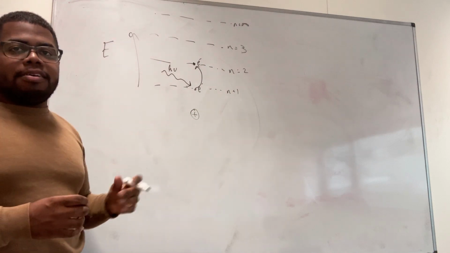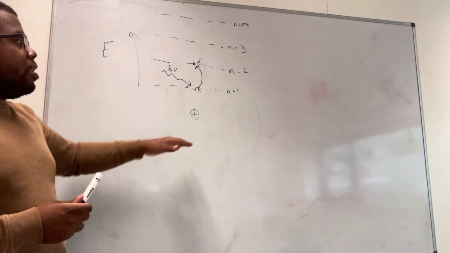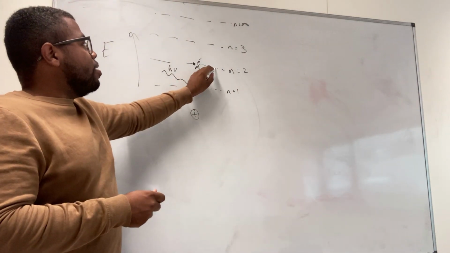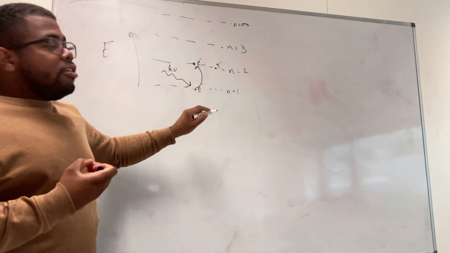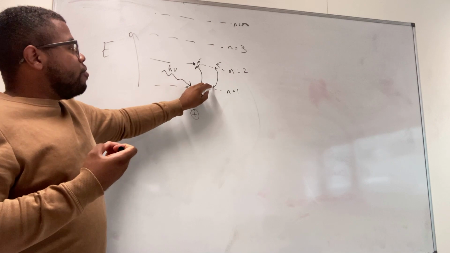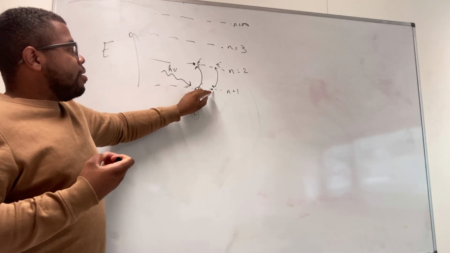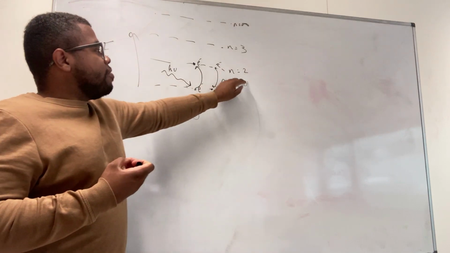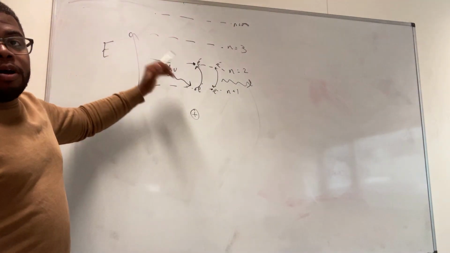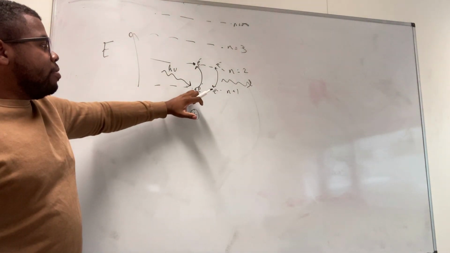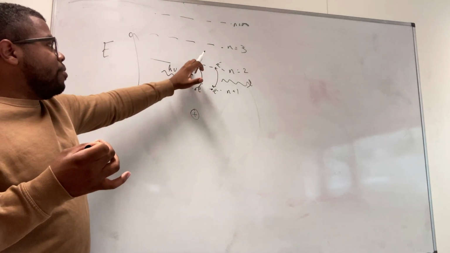It excites the electron. And if an electron is already in a higher energy level, let's say E2, and it loses energy and drops back to E1, then it emits light with the same corresponding wavelength as the light which would otherwise excite a particle in the ground state to a higher orbital.